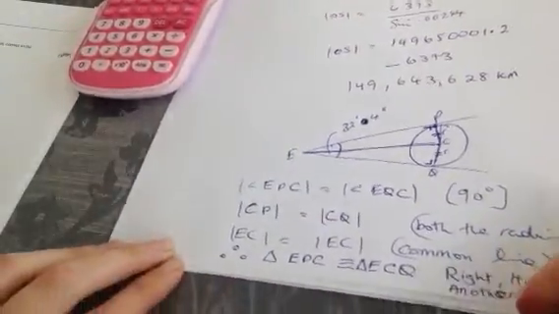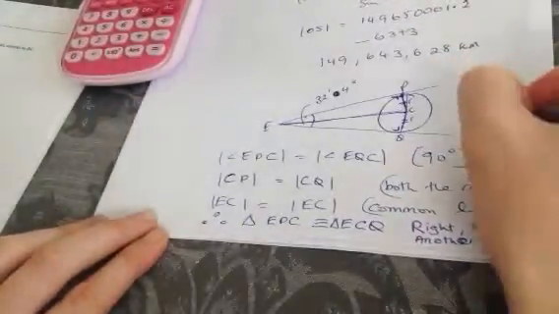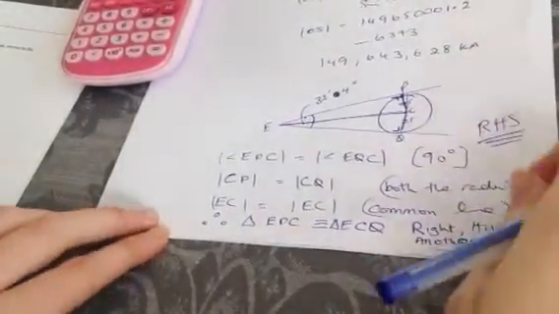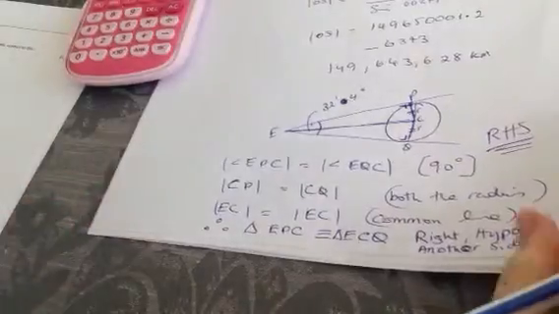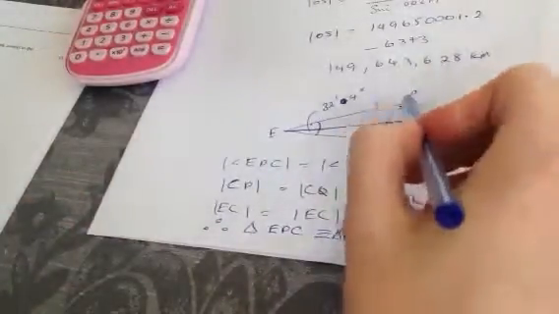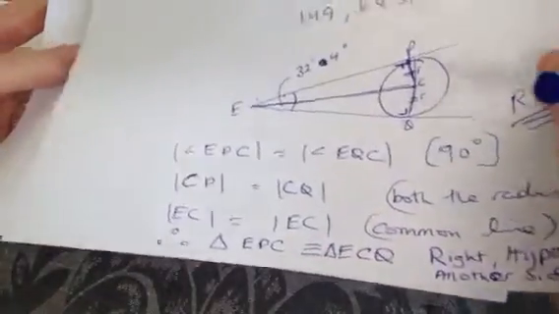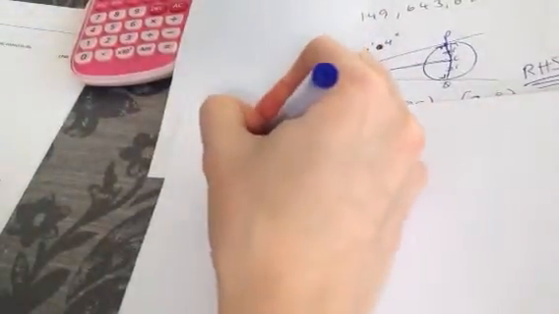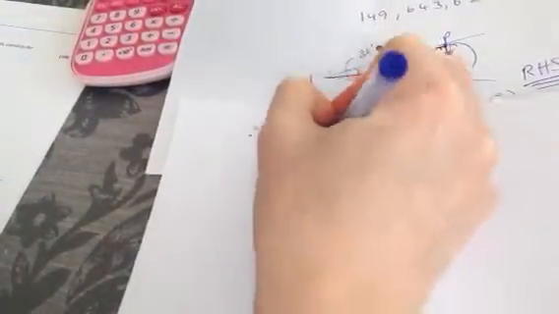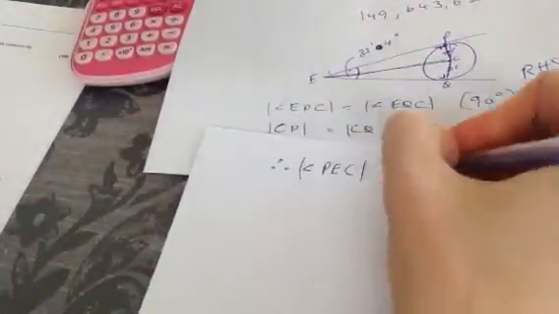So we're looking at RHS here. That's my reason for congruency. So I know that this top triangle is exactly the same as this bottom triangle. Therefore, my two triangles are congruent. Therefore, I've proved that the angle PEC is equal to the angle QEC.